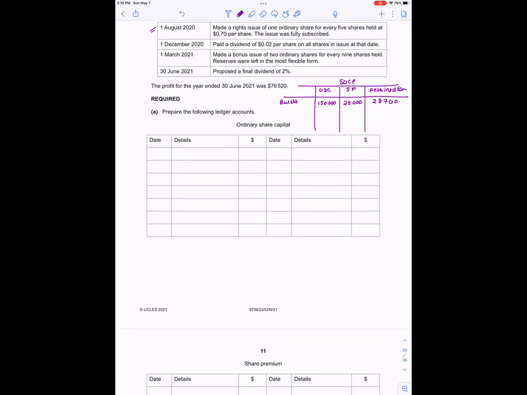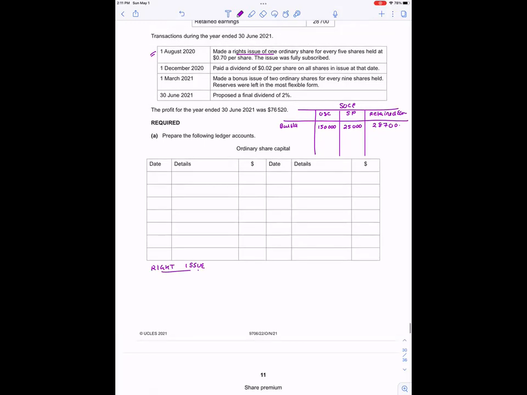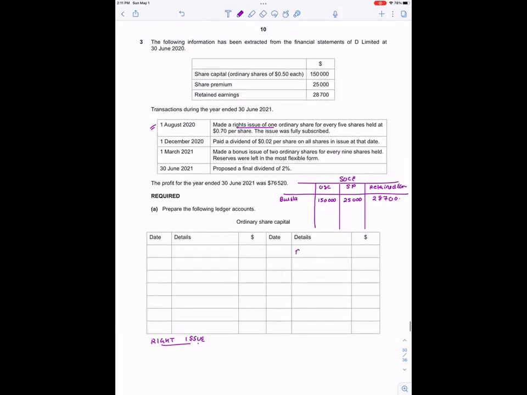August 1, I have made a right issue. Because I have to make the ordinary share capital account, will I write the first day balance brought down? July 1 would be my first day. I will write balance brought down for my ordinary share capital.